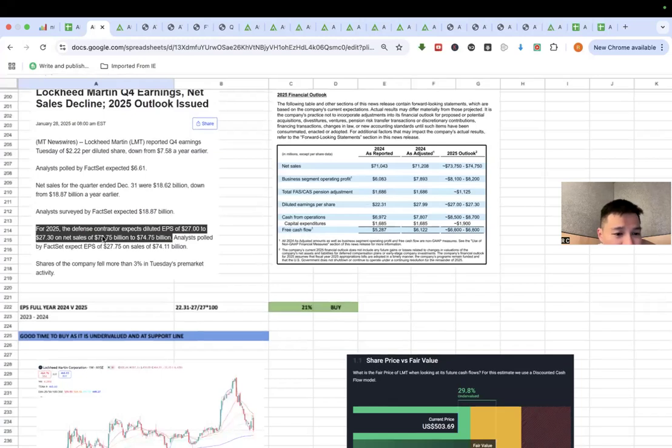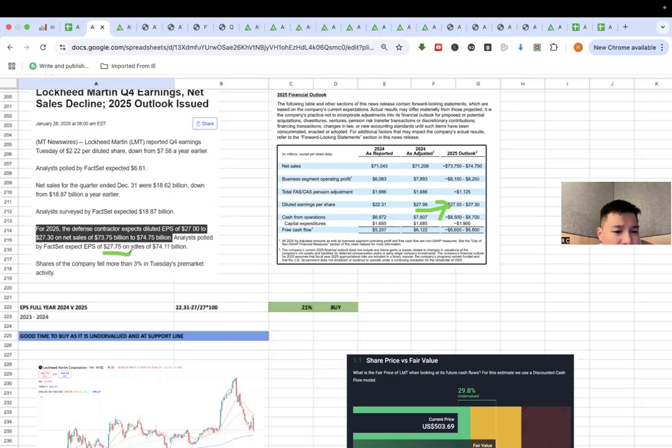Contraction expect 26, net sales 73. Outlook, let's have a look. Adjusted reported 27, 26. Yeah, you can see this is actually dropping. 27 to 27 is actually dropping.